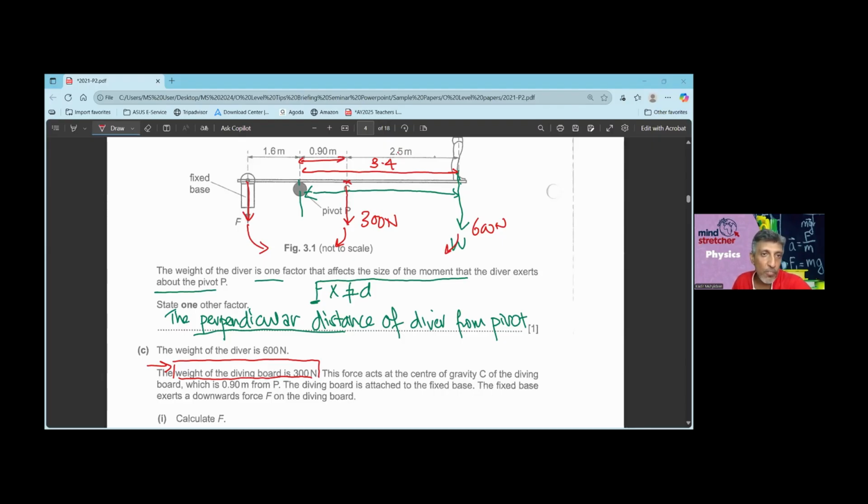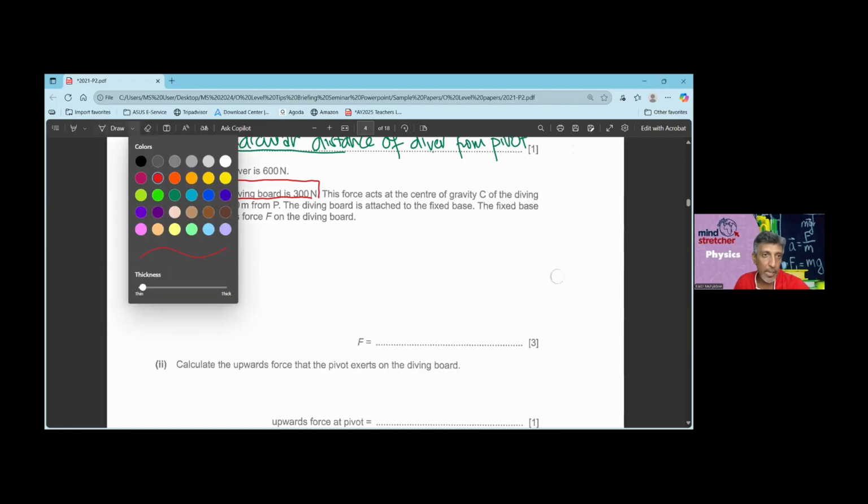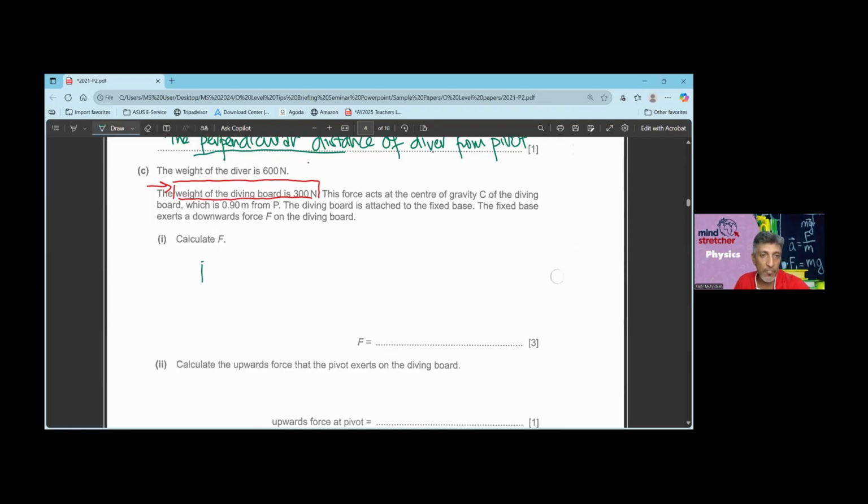Okay, so those of you who have worked very quickly, you're already giving me the answer. Yes, your answer is correct. Very good, guys. So yes, if you work ahead, so you know, right? F times anti-clockwise moment. This is the anti-clockwise moment, okay, equals to 600 times 3.4 plus 300 times 0.9.